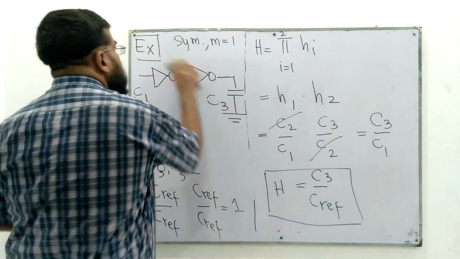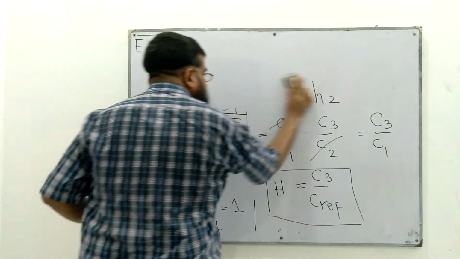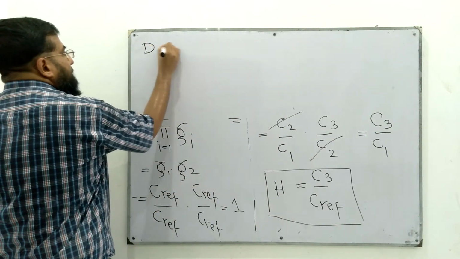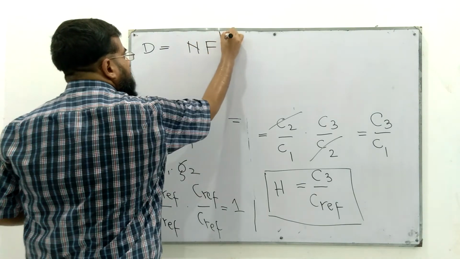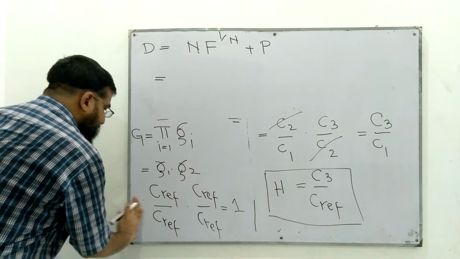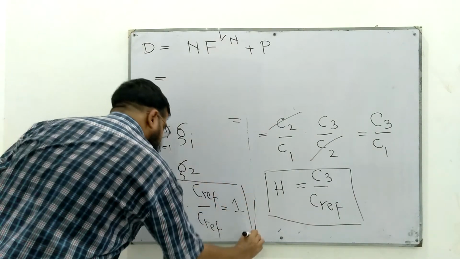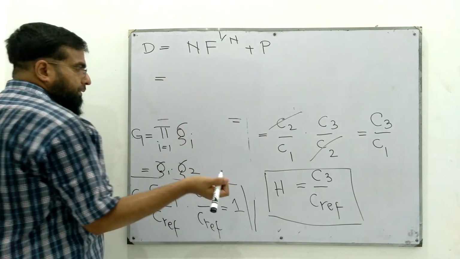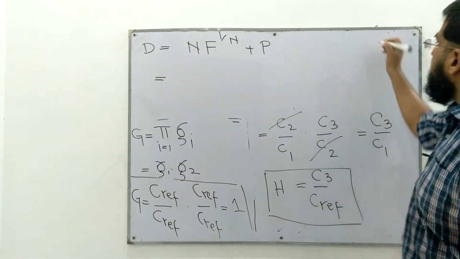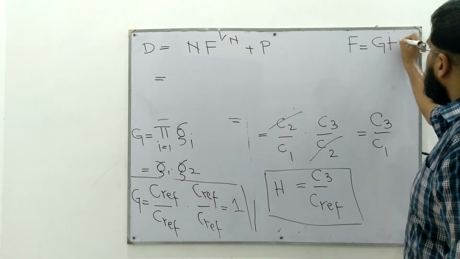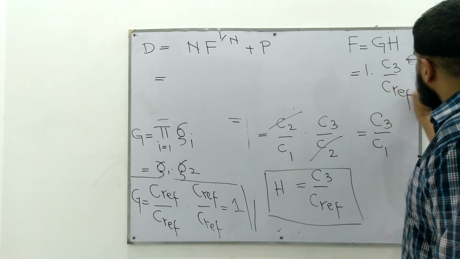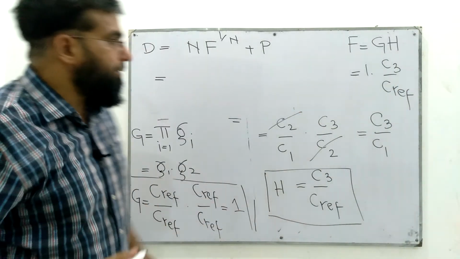As a last step, let's compute D, the total path delay. The total path delay is n times F to the power 1 over n plus P, where capital G is 1 and capital H is C3 over C reference. So F is capital G times capital H, 1 times C3 over C reference, which is C3 over C reference.